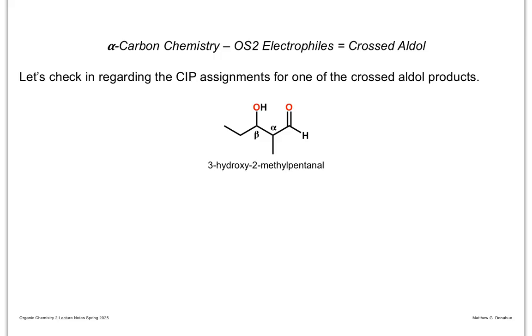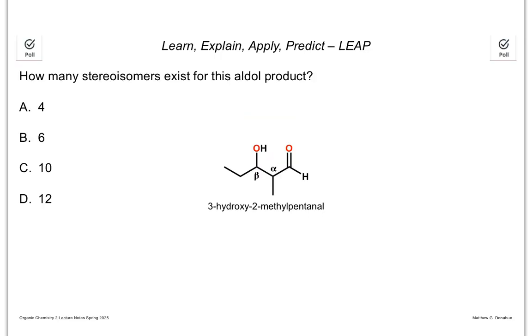So let's do a little review here, see what we got. Really finish up on these questions before we get any further, but let's just look at this one to review those nomenclature rules. So we said there were two stereo centers marked by the asterisk. 2 to the n, that's 2 to the 2, that gets us the 4.